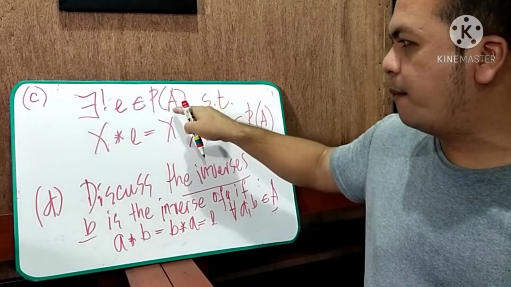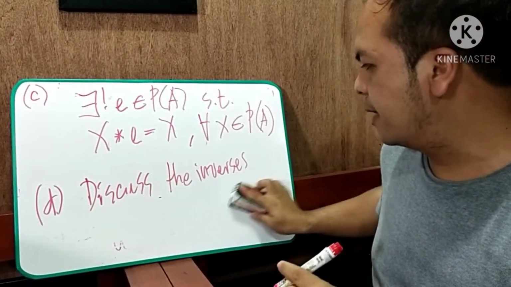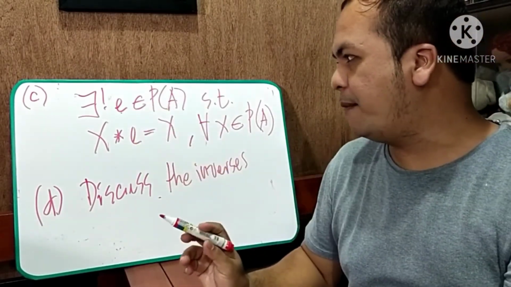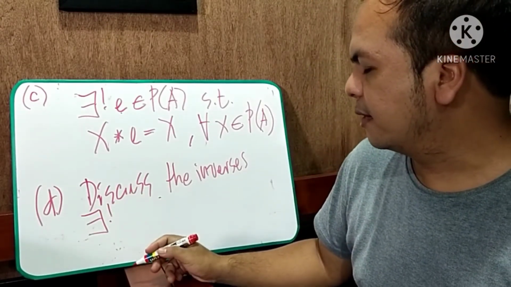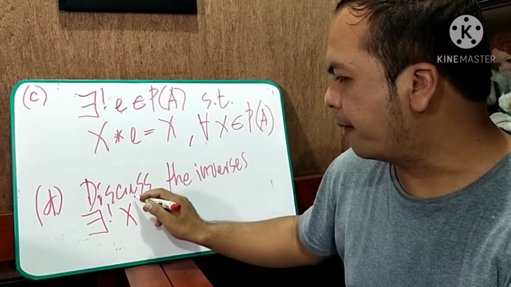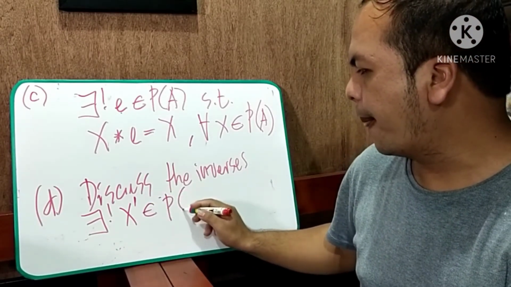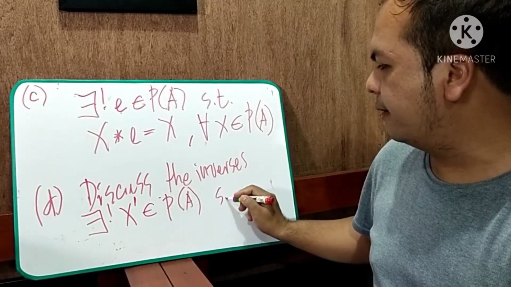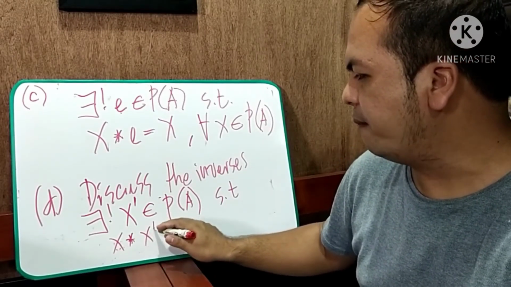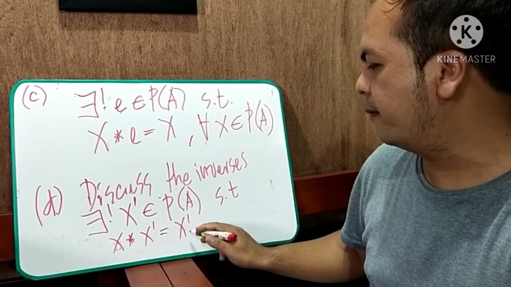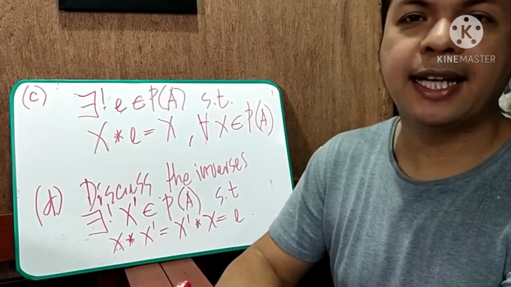Our set here is the power set of A. Since there is no identity element in P of A, we can say that there also does not exist X prime element of P of A such that X star X prime is equal to X prime star X, which is equal to the identity element.